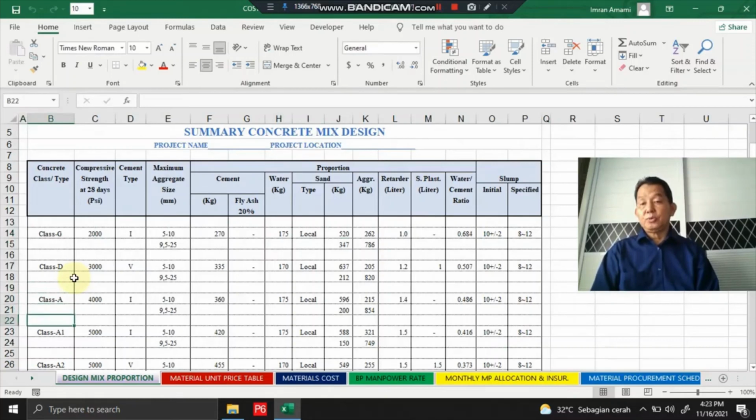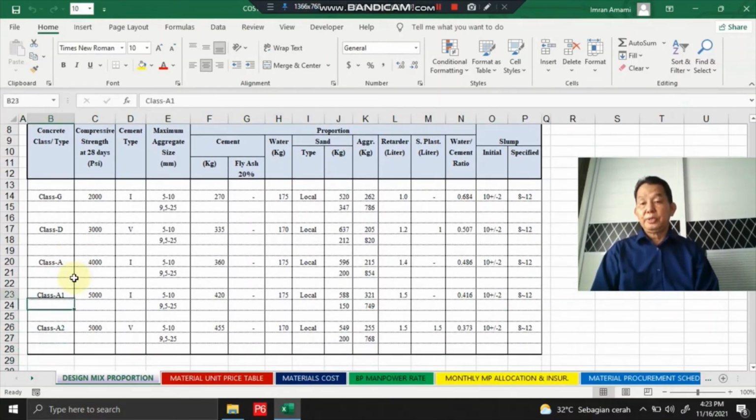This is the same for the other classes of concrete. Yes, we have a material proportion for each class.